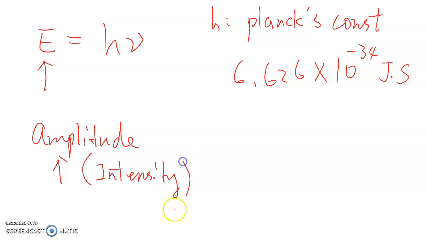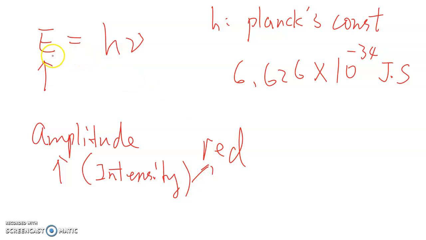If you want to increase the amplitude of light, you will see the light become brighter. That's a change in amplitude. For example, if you have a very dim red color but you make it very, very bright red, you are increasing its intensity.